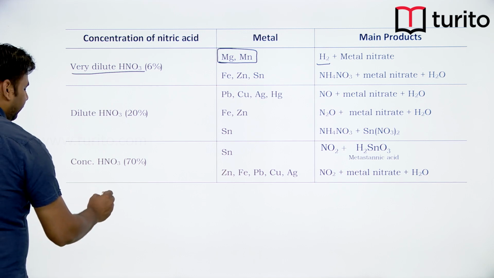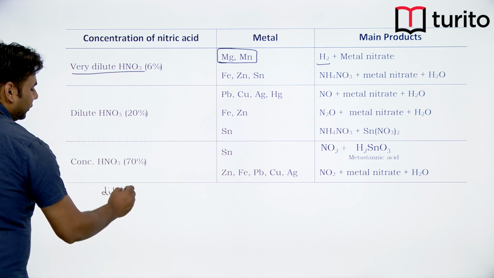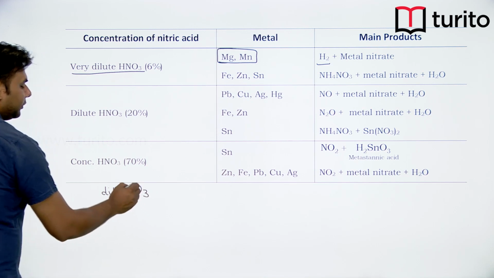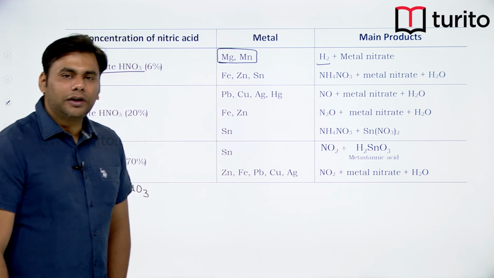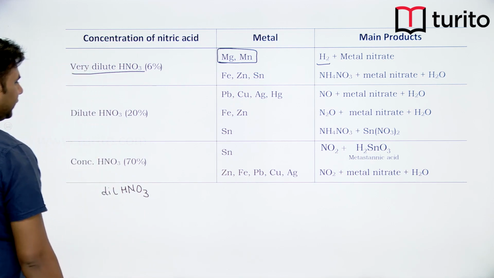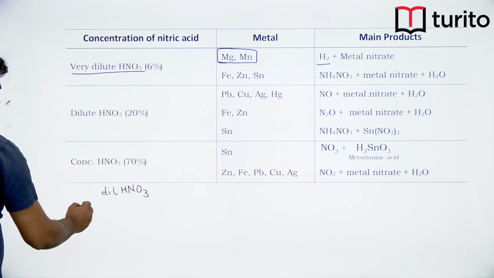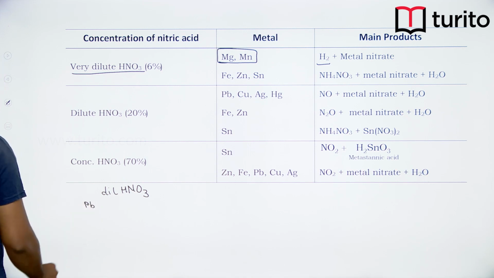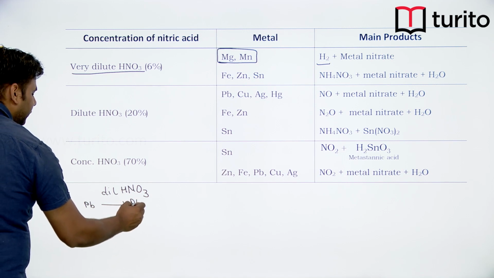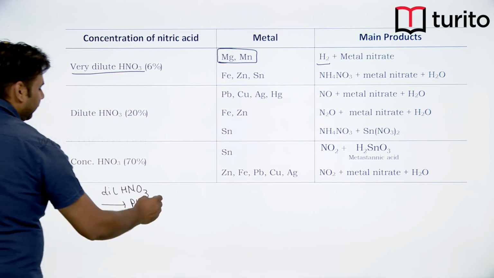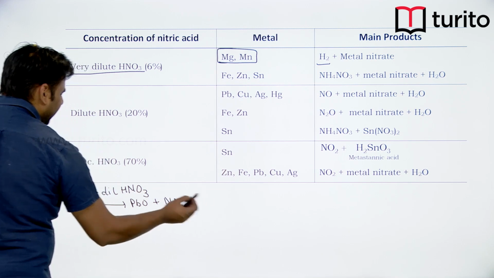If you react with dilute HNO3, it will basically oxidize the metal and itself get converted into NO. If you react this with Pb, it will form PbO; it will oxidize the metal and form NO, plus obviously there will be water.